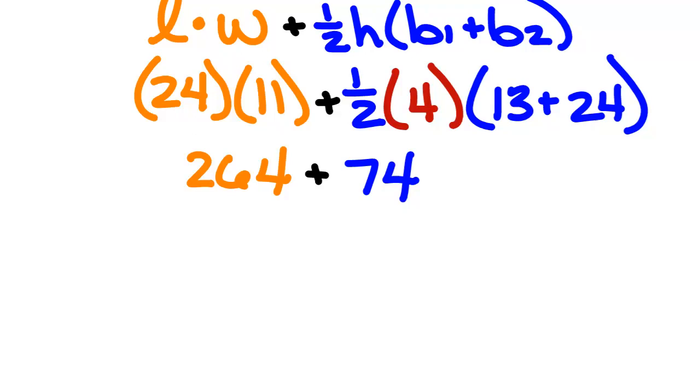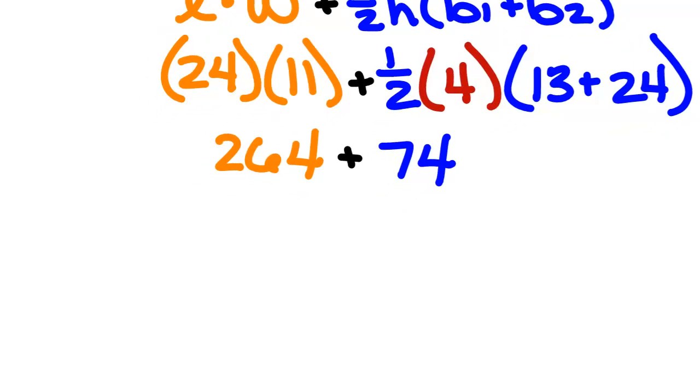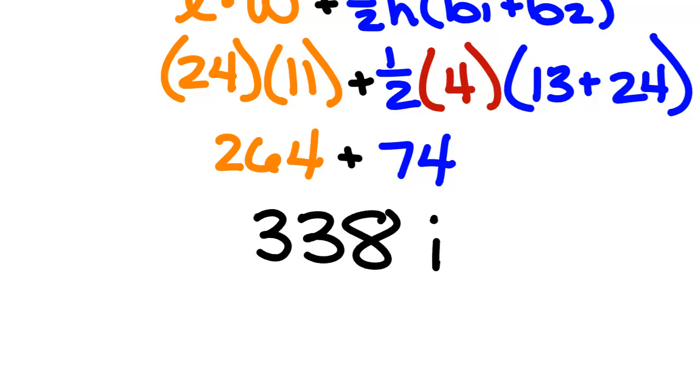So 264 plus 74 gives us a total area of 338 inches squared.